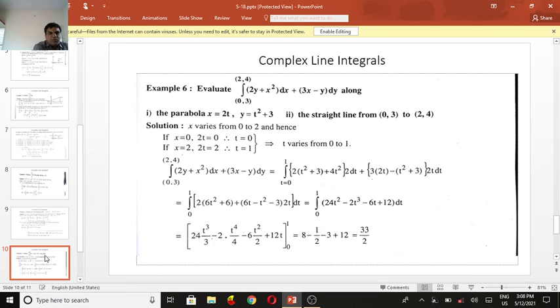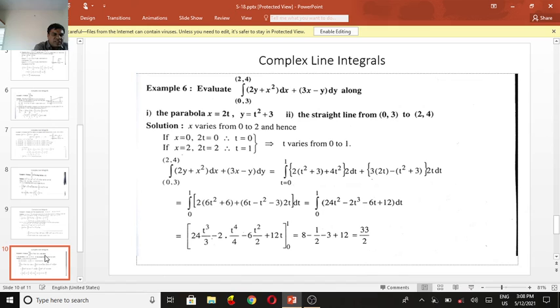Coming to problem 1, the integral from (0,3) to (2,4) of (2y + x²) dx + (3x - y) dy. In the first problem, x varies from 0 to 2.